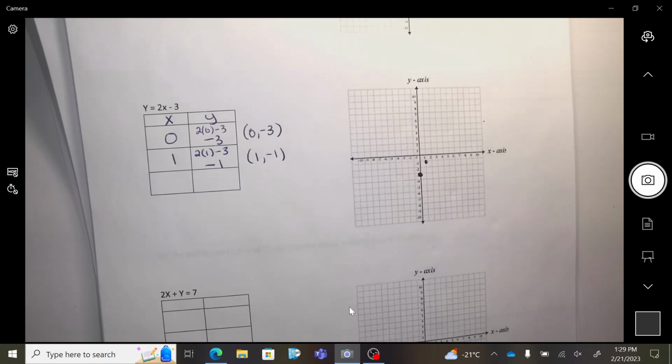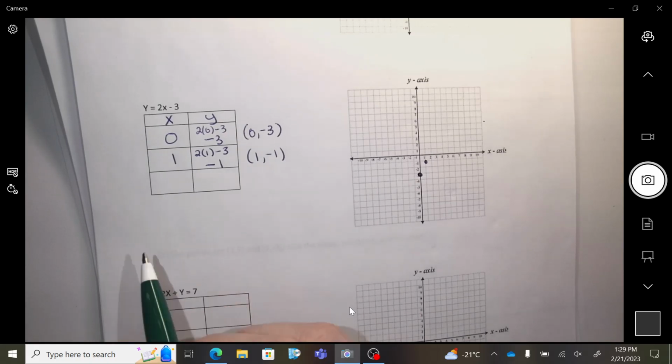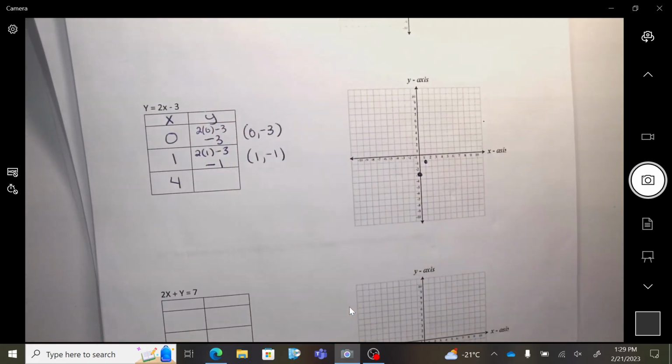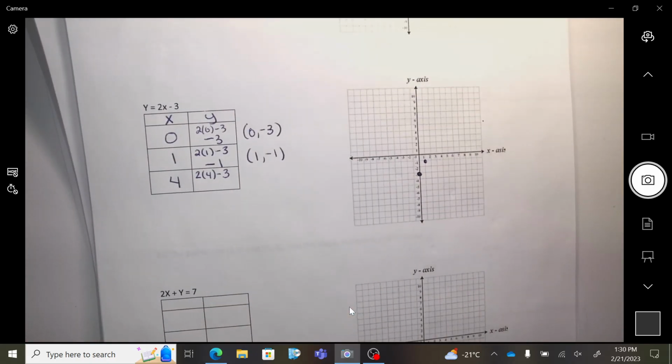I'm going to go a little bit bigger. Should we pick something like 4 or 5? Is that okay? I'm going to go with a 4. Two times 4, subtract 3 without your calculator. You can do it. 2 times 4 is what? 8.